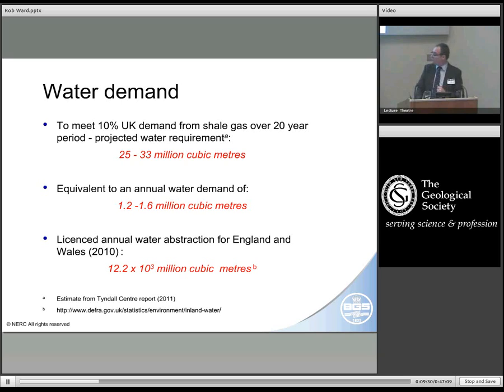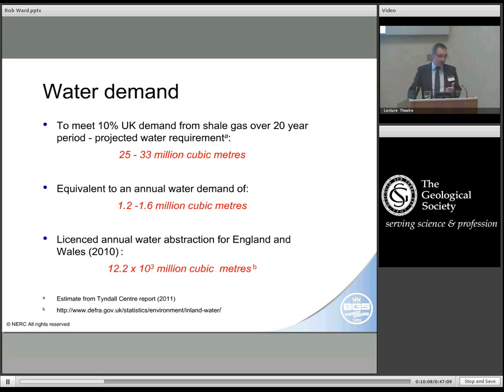This report considers how much water we would need to maintain 10% of the UK gas demand over a 20-year period, and that's equivalent to an annual demand of 9 billion cubic meters of gas. So in order to do that over a 20-year period, we will need between 25 and 33 million cubic meters of water over the lifetime of that period, over 20 years.